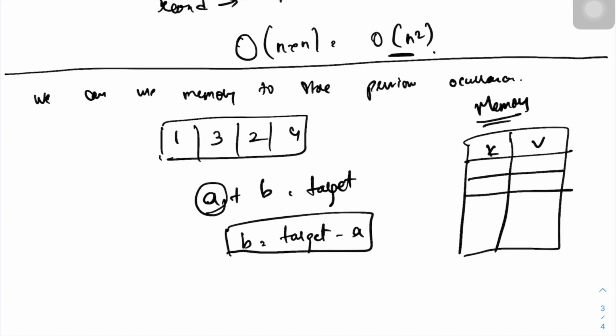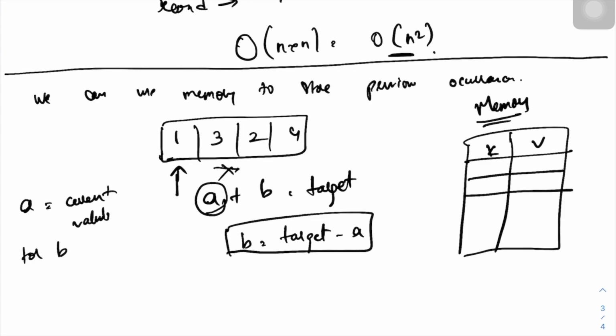Agreed? So what I'm trying to optimize is, let a be my current pointer, current value, and for b, I will not go through the array again, which costs me a lot of iterations.